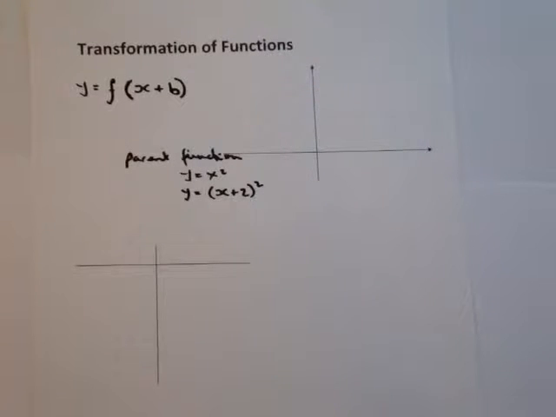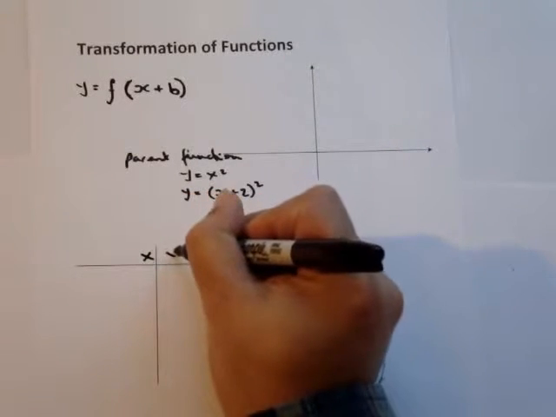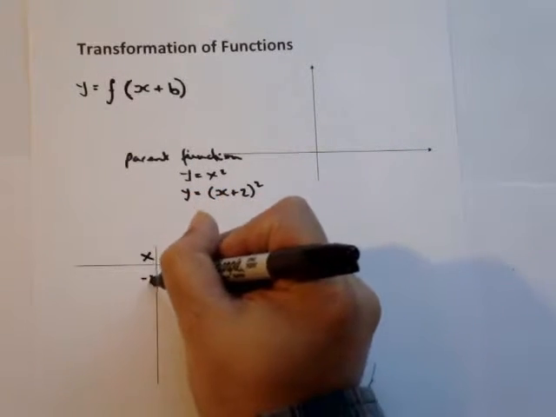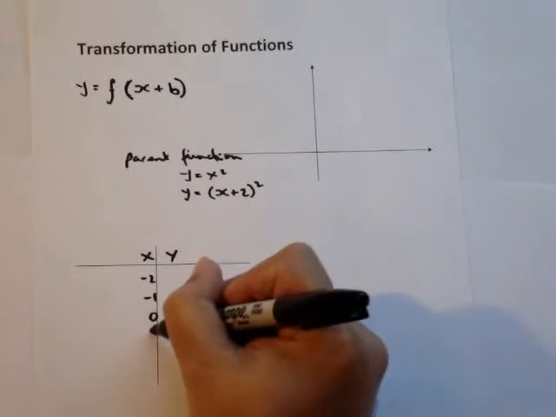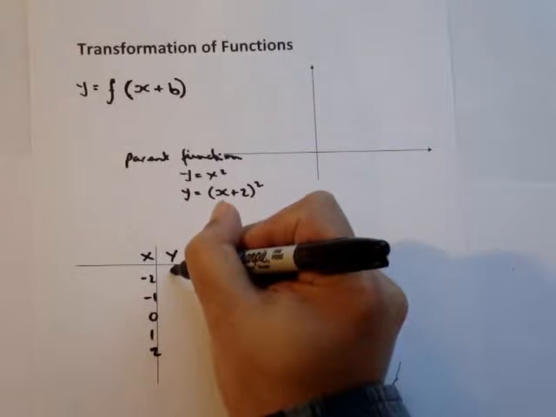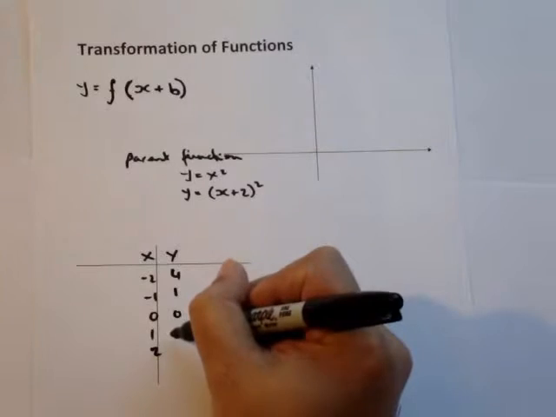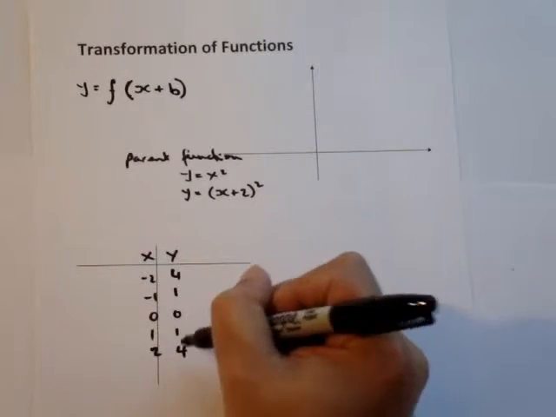So let's do our t-table. Again we have our x and our y: minus 2, minus 1, 0, 1, 2. For x squared we have 4, 1, 0, 1, 4.